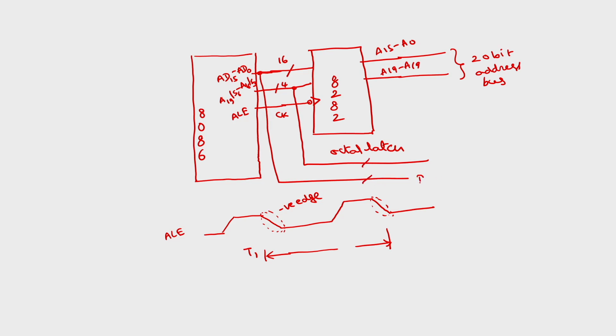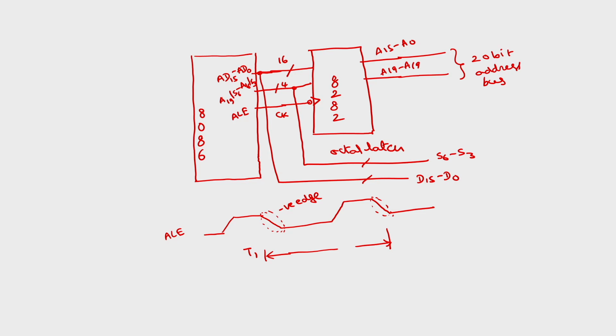This is data lines D15 to D0, this is status lines S6 to S3. You can demultiplex. Now the address bus, data bus and status signals are available separately. This is the operation to demultiplex the address data bus and the address status bus.